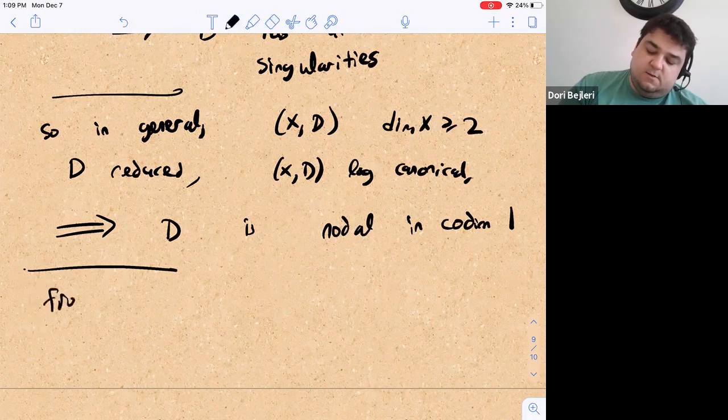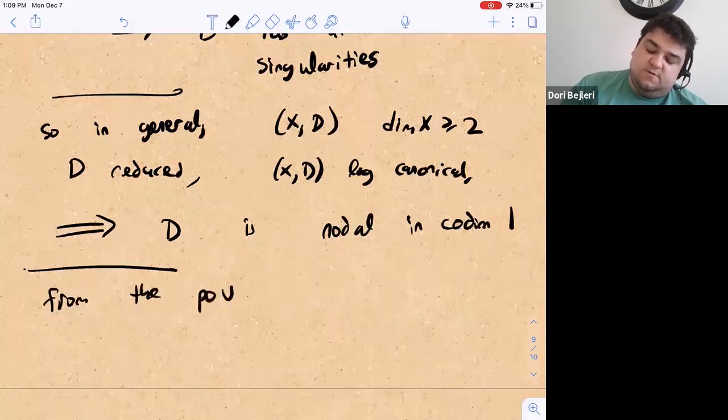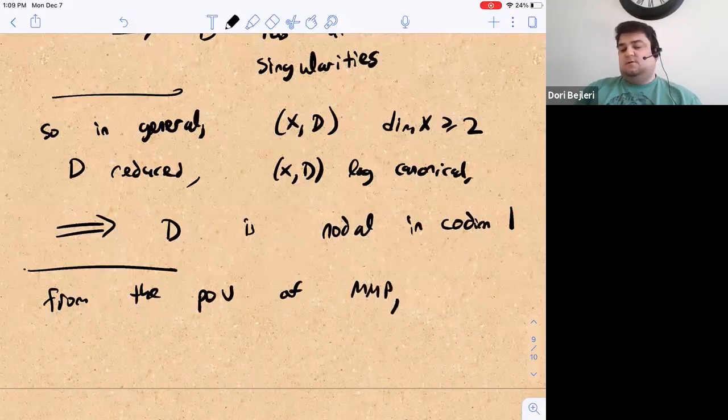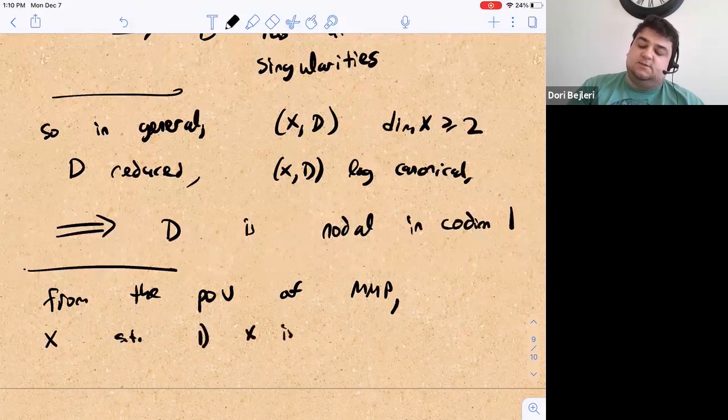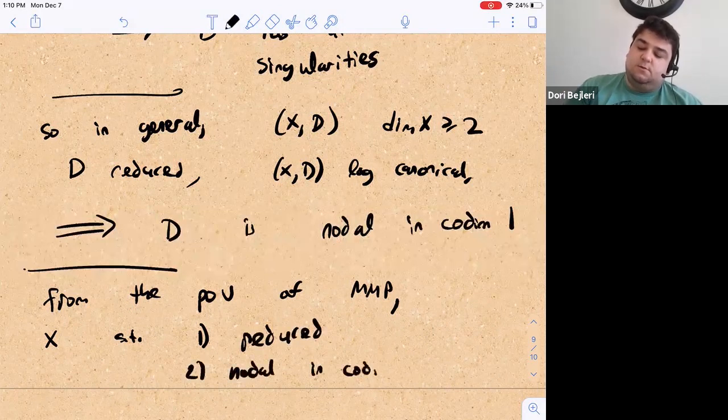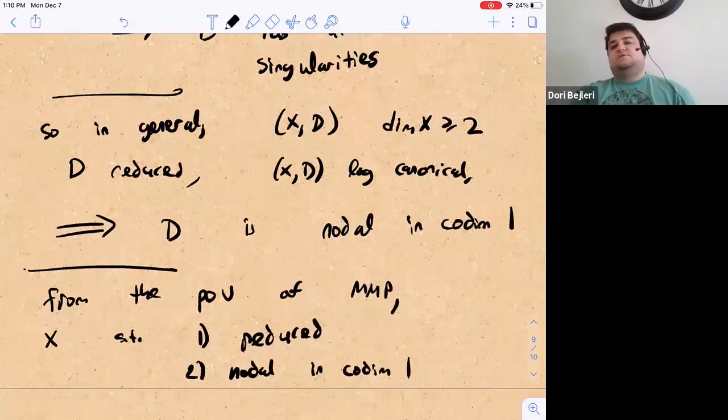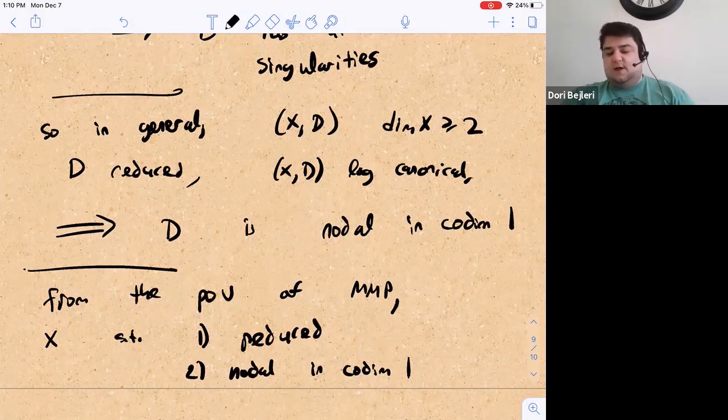Okay, so from the point of view of MMP, the natural non-normal class of varieties to look at are X such that, well, maybe 0, it's reduced. First, it definitely has to be reduced. And 1, X is nodal in codimension 1. And if you remember, nodal curves are automatically Gorenstein because they're, for example, planar curves. So by adjunction, they have a canonical line bundle.